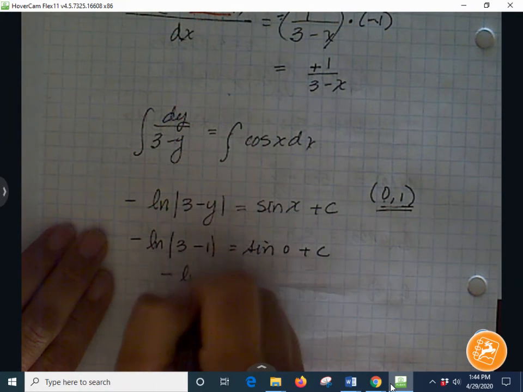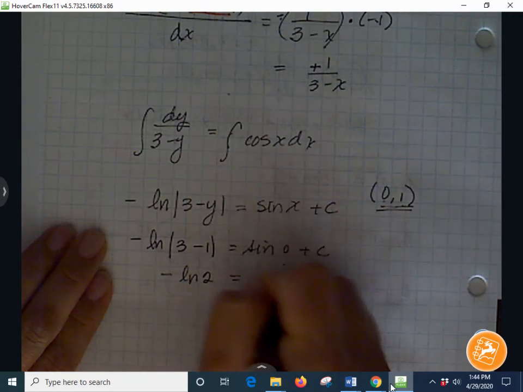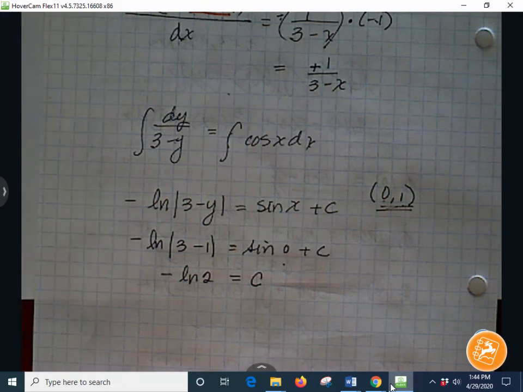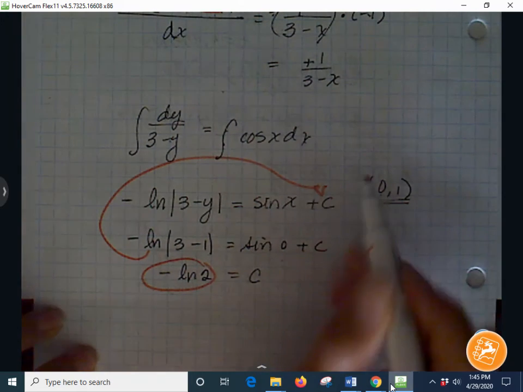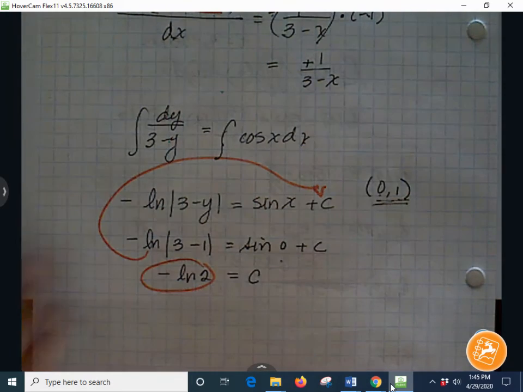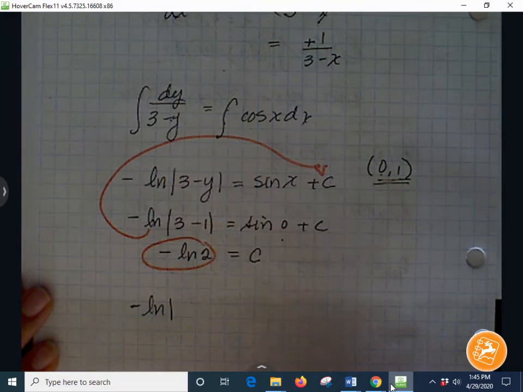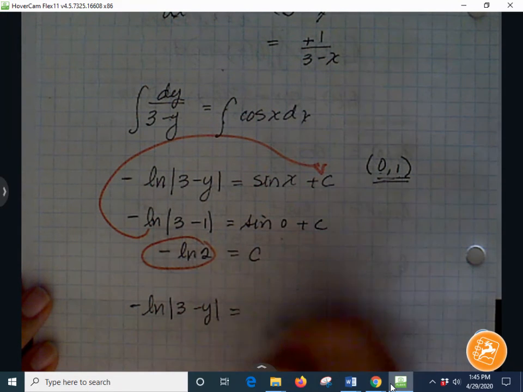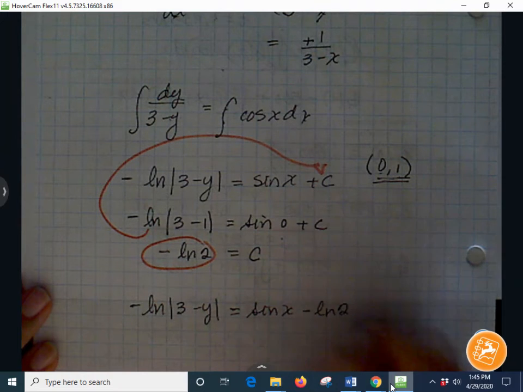So negative natural log of 2 is equal to sine of 0, which is 0, plus c. So that means c is equal to negative natural log of 2. So now I'm going to put this right there. And so now I have negative natural log absolute value 3 minus y is equal to sine x minus natural log of 2.